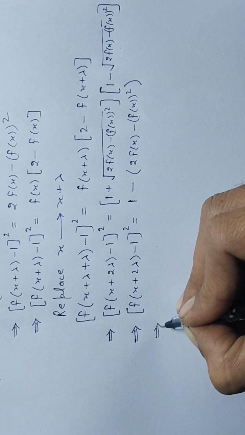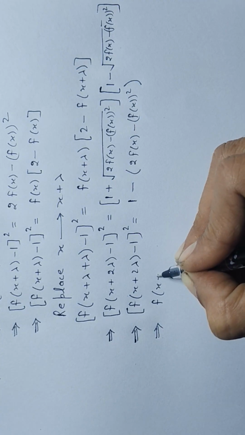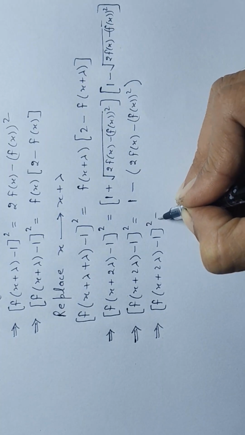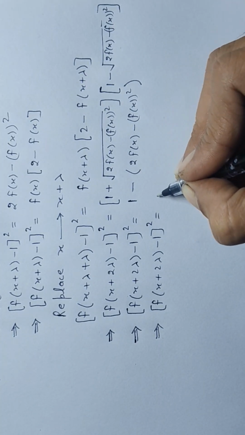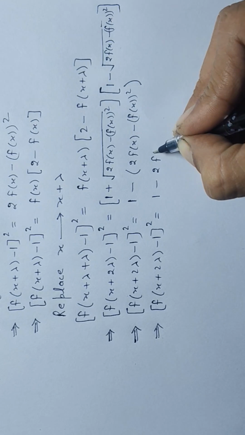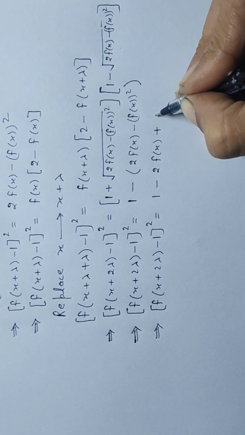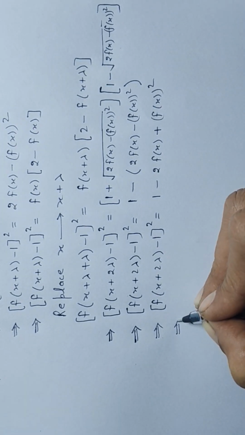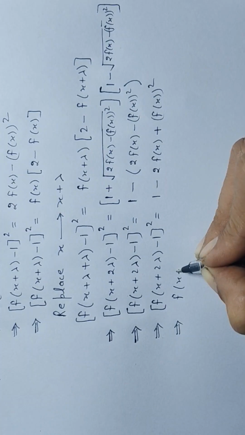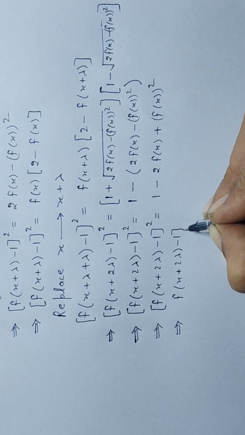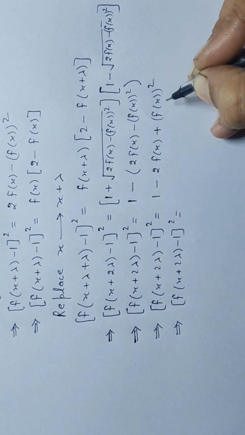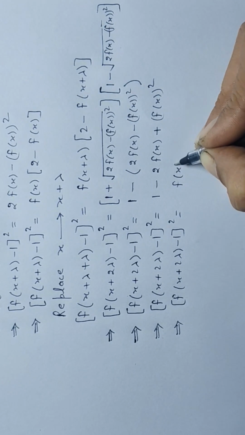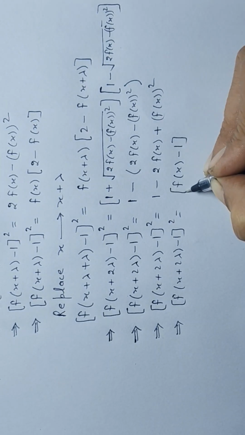So we get (f of x plus 2 lambda minus 1) whole squared equal to 1 minus 2 f(x) plus f of x whole squared. Clearly this is (f of x minus 1) whole squared.